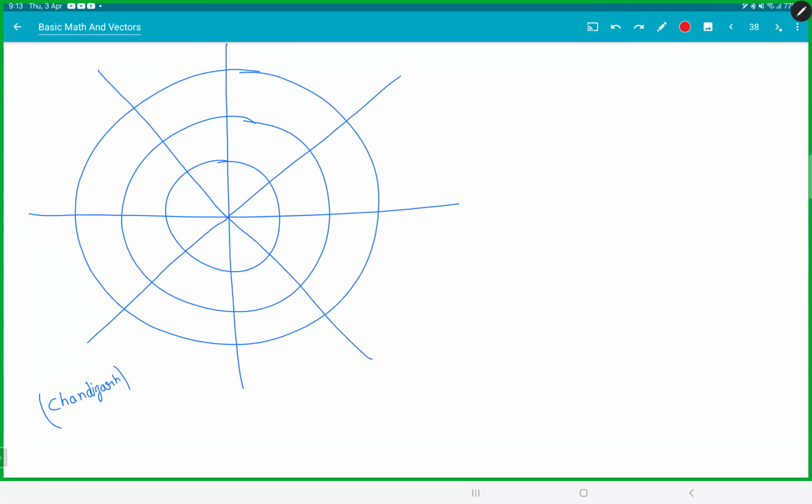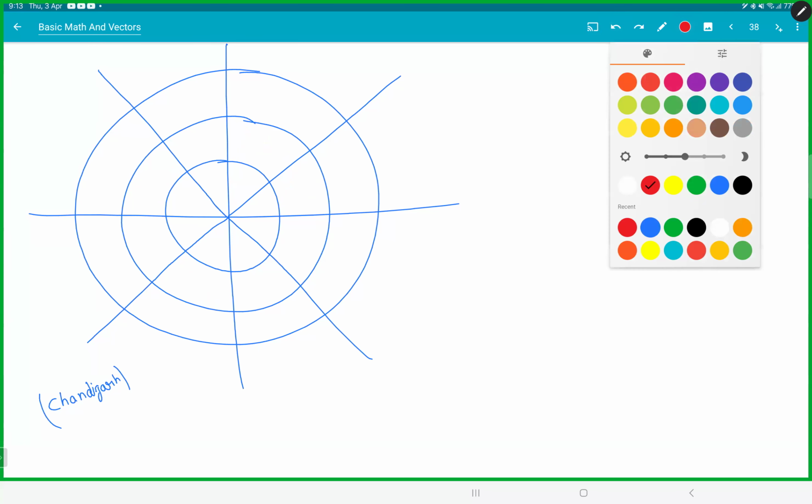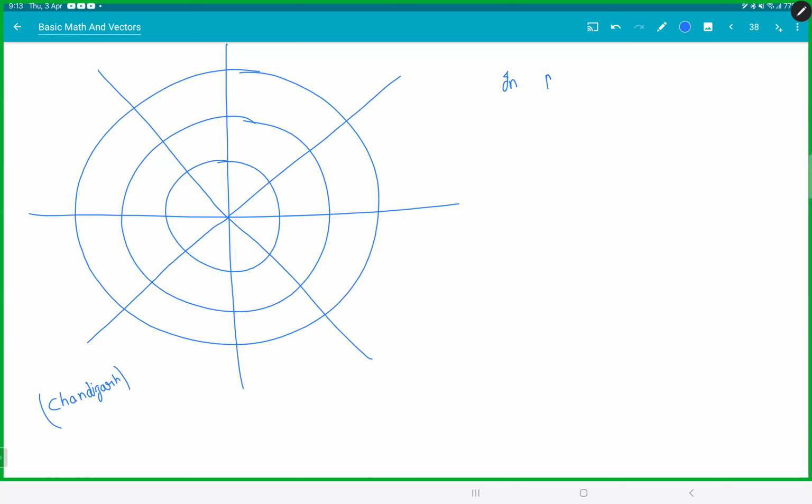So in this world, how do we go? We have two directions in polar coordinates. We can move clockwise or anti-clockwise. So that is one direction.